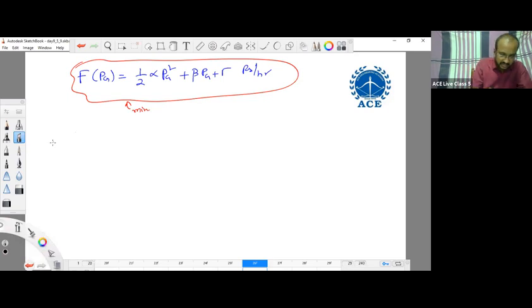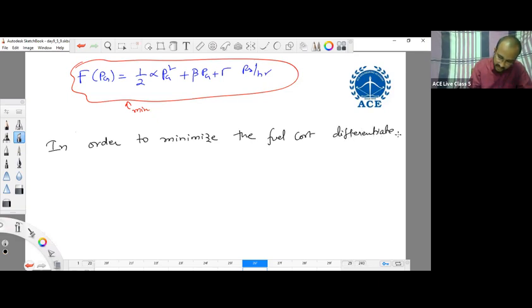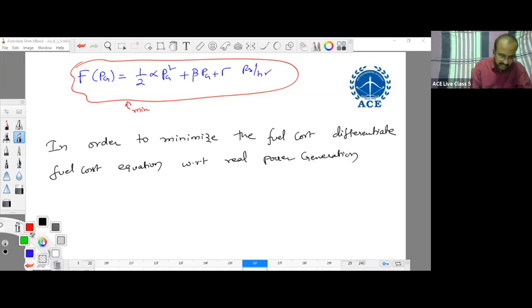So in order to minimize the fuel cost, differentiate the fuel cost equation with respect to real power generation. That is known as incremental fuel cost.